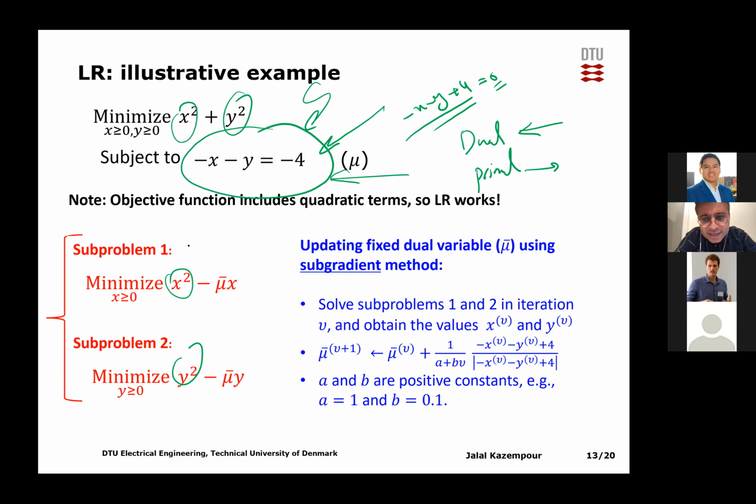No. But since X and Y are quadratic, it means that our solution with respect to X and Y is unique. Am I wrong? So you don't have multiple solutions for X and Y. I can definitely think of multiple feasible solutions to this problem. Yes, they might not minimize the problem, but that's my point.